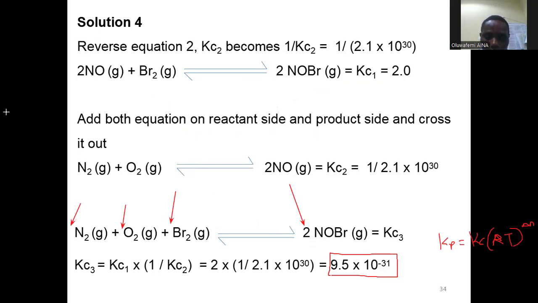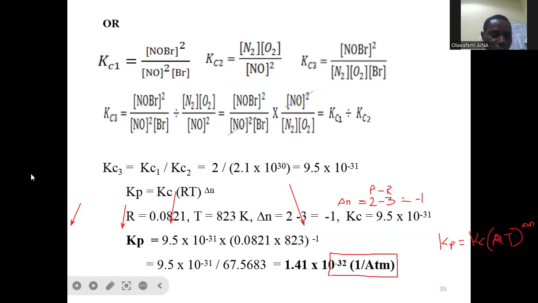So your delta N is going to be 2 minus 3, product minus reactant. Can you see that? That's going to give you minus 1. So that was how we got our minus 1, and you can see it here. Let me clean this board so that you can see.